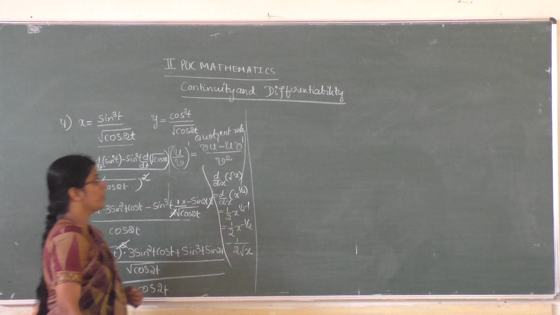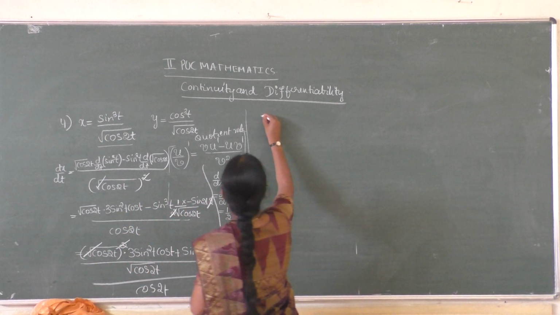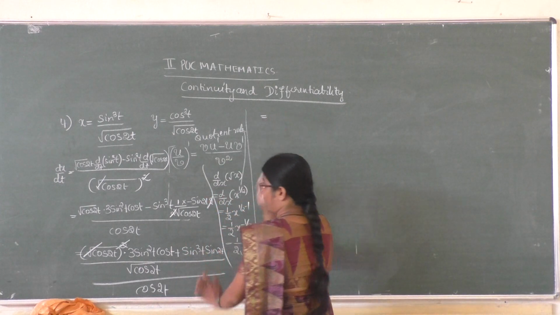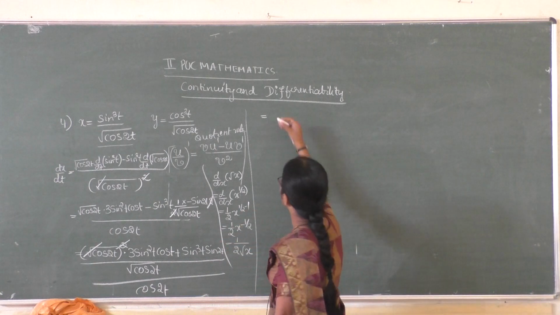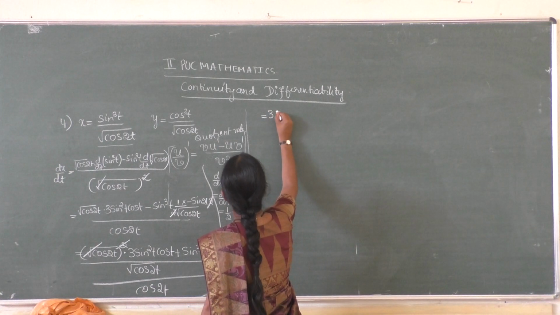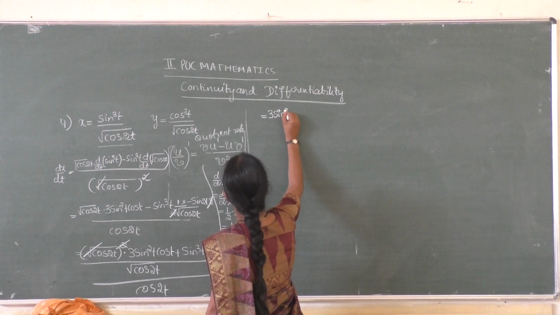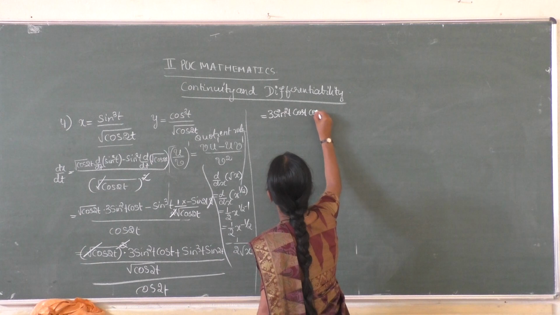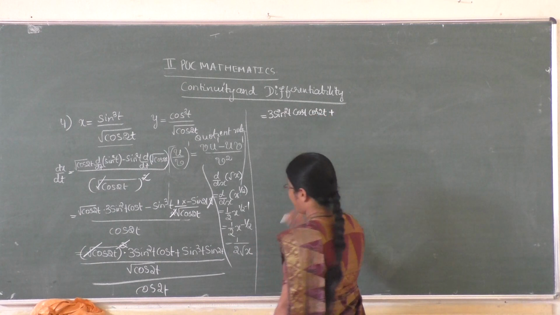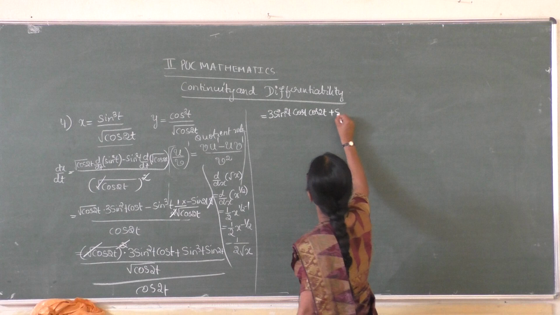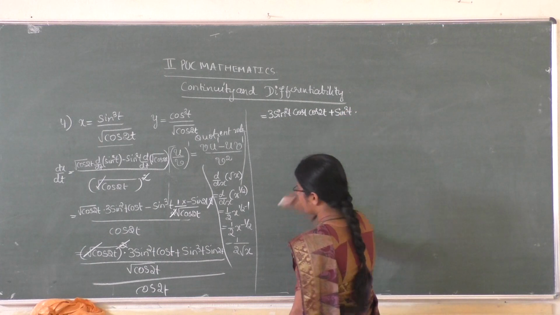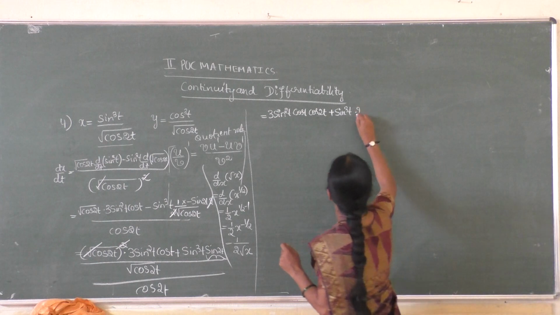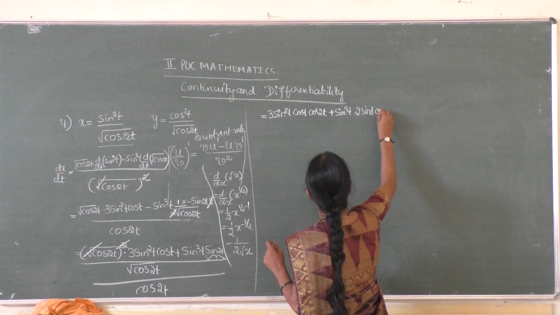cancels. So you get now this is equal to, here, for sin 2t, we apply the formula. So 3 sin square t cos t into cos 2t plus sin cube t and the sin 2t, that is 2 sin t cos t, which we studied already.